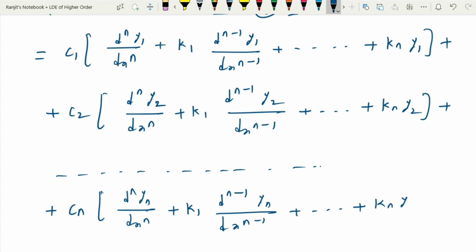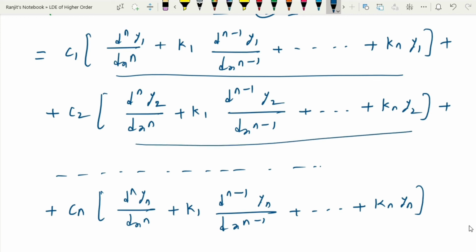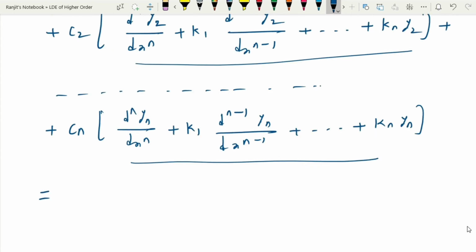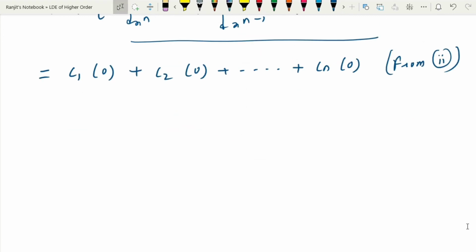From equation 2, this bracket is equal to 0. Again this bracket is equal to 0, and this last bracket is also equal to 0. From equation 2, c1 times 0 plus c2 times 0 plus cn times 0, and therefore this overall calculation is equal to 0.